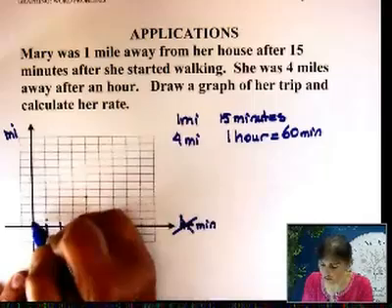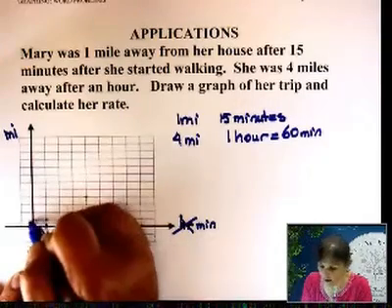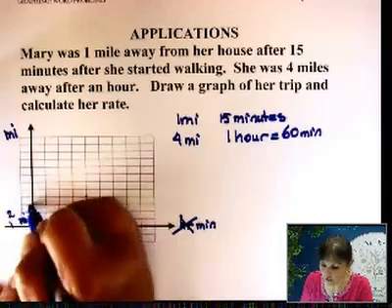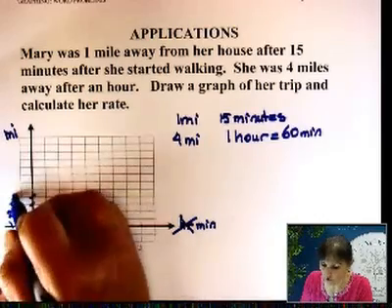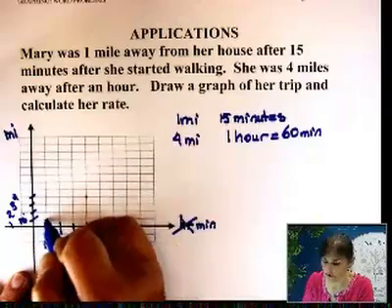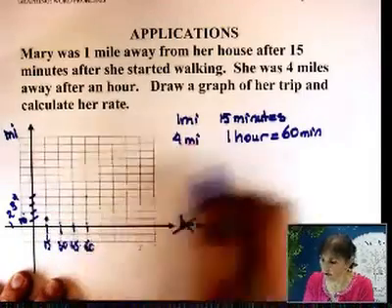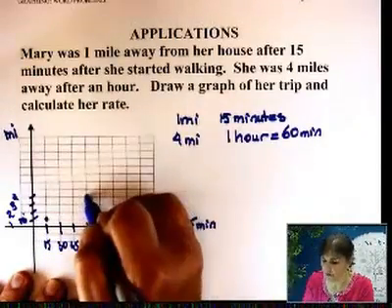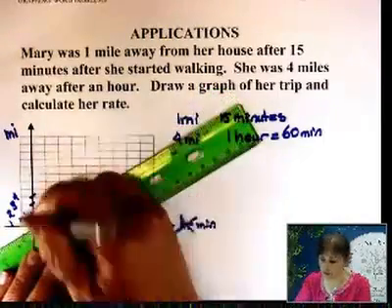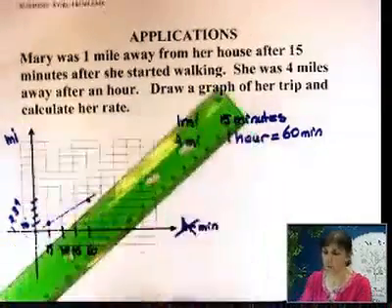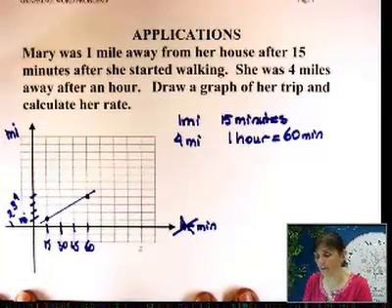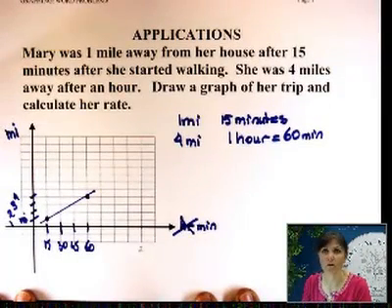And then let's do these in miles: 1, 2, 3, 4, and so forth. She's 1 mile at 15 minutes, and she's 4 miles at 60 minutes. And guess what? If she is going at a constant speed, that's what it will look like. Now, it says draw a graph, I did, and calculate her rate.